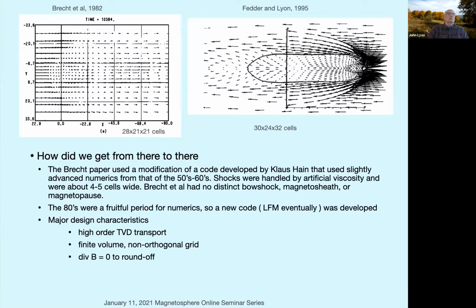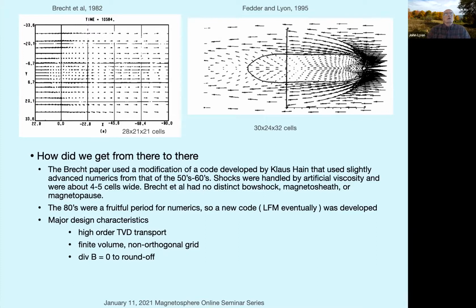The first, as far as I know, MHD simulation of the magnetosphere was something done by Steve Brecht and the rest of us at the Naval Research Laboratory when I was there, which was a calculation on 28 by 21 by 21 cells. And you can see in the picture there that it was really pretty crude.